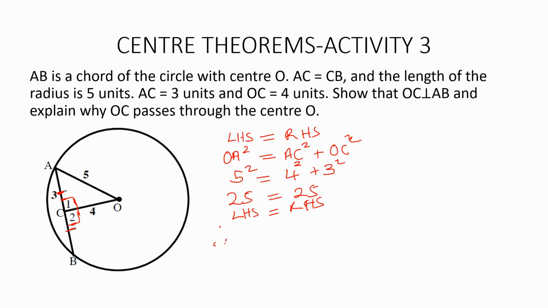So therefore, triangle ACO is a right-angled triangle, and C1 is equal to 90 degrees. So we've proved that C1 is 90 degrees. This line OC is perpendicular to the chord and it bisects the chord. Therefore, it passes through the center of the circle.